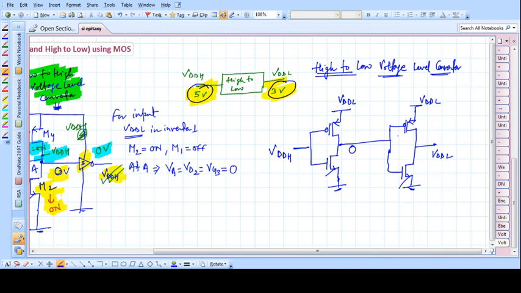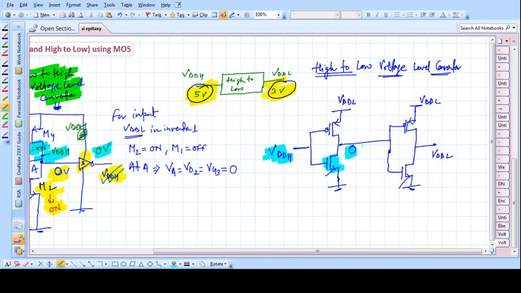So when this one is VDDH, this one becomes on, and the output will become 0 volt.